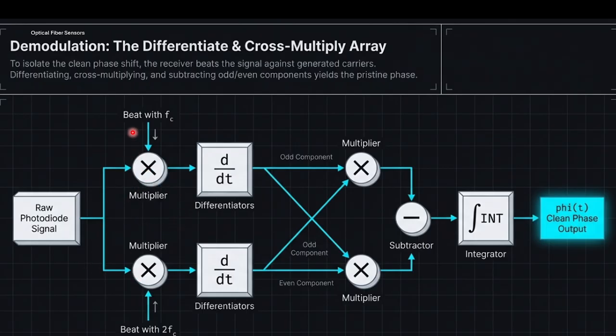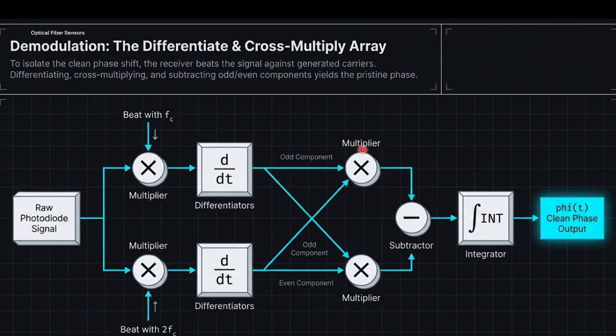The multipliers beat with fc and 2fc, and both differentiators forward the multiplier signals.